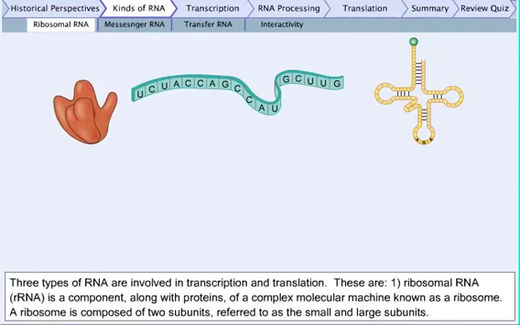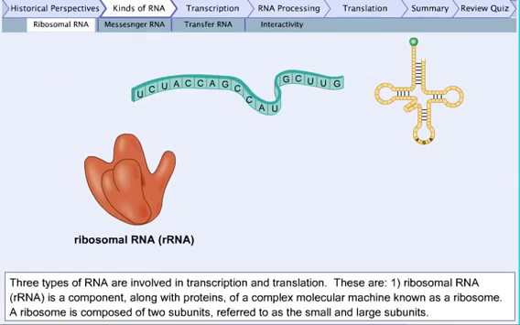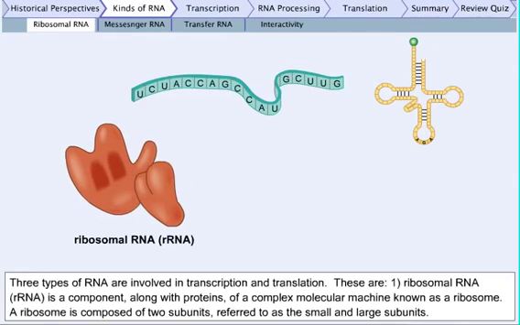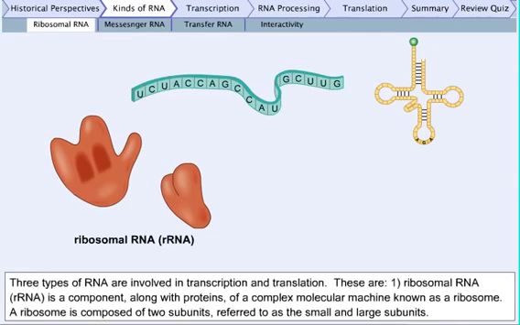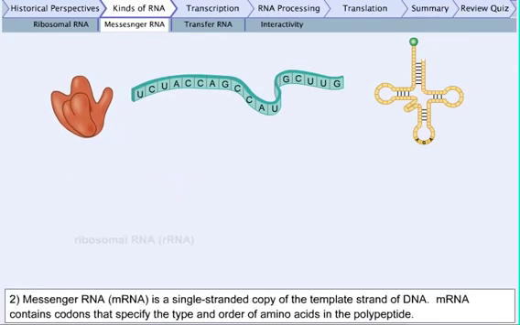These are: 1. Ribosomal RNA, or rRNA, is a component, along with proteins, of a complex molecular machine known as a ribosome. A ribosome is composed of 2 subunits, referred to as the small and large subunits. 2.